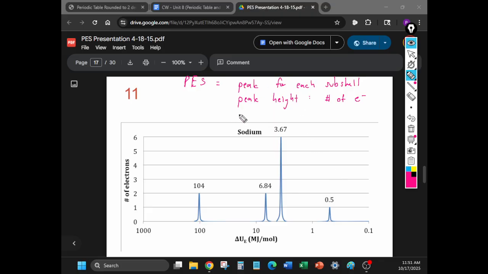The peaks that represent each shell are far apart, but the subshells in the same shell are going to be close. Those are the 3 main things you'll have to know about PES data. Each peak represents a subshell. The height of the peak tells you how many electrons there are relative to the other peaks, and the distance depends on the shells and subshells. Subshells are close, shells are far away.